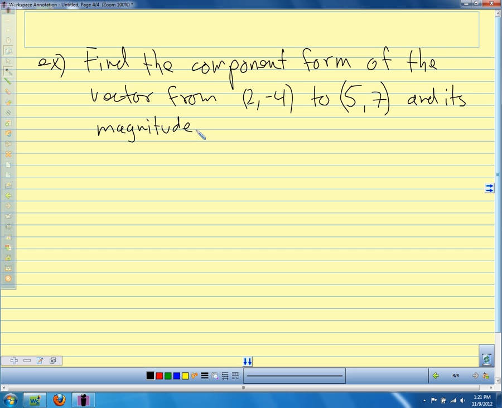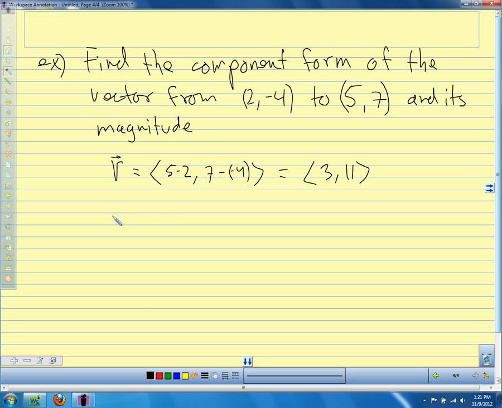So if we call this vector v, our component form is just going to be x2 minus x1, 5 minus 2, and y2 minus y1, 7 minus -4. So I get the vector 3, 11. So that would be this vector in component form. I go 3 units to the right, and I go 11 units up from this point to this point. That's what it's telling me.